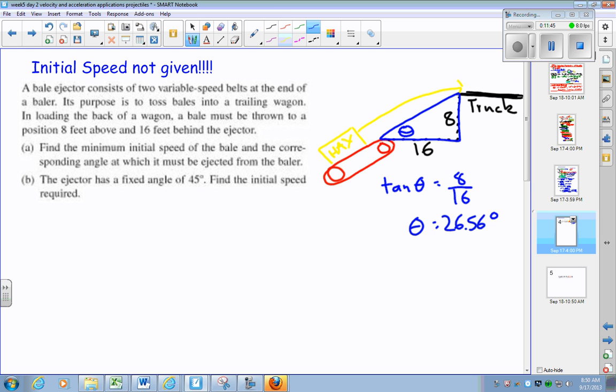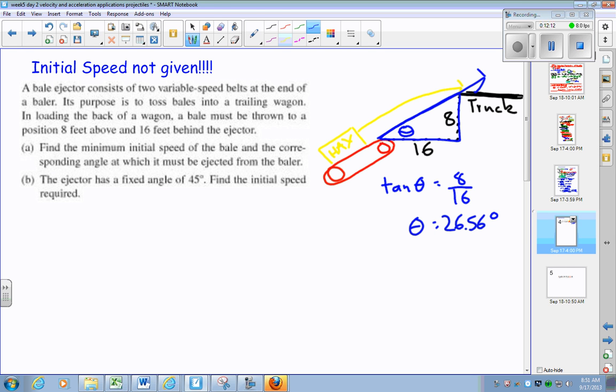Okay. Now, let me ask you this. The corresponding angle for the minimum initial speed, can it be 26.56 degrees? No. That could be it maybe if you had an infinity speed off the conveyor belt, because an infinity speed off the conveyor belt would make the hay shoot off in a straight line.